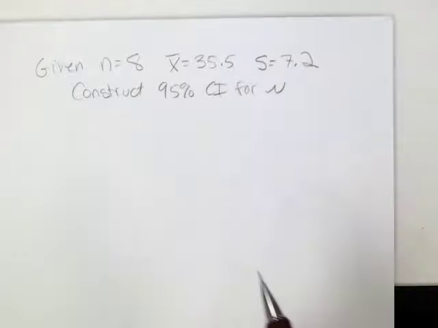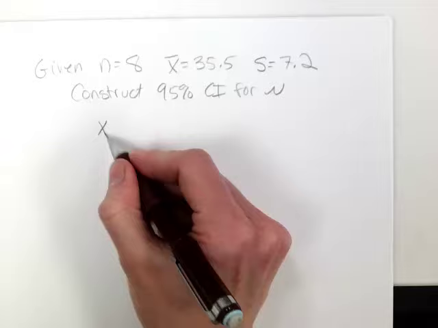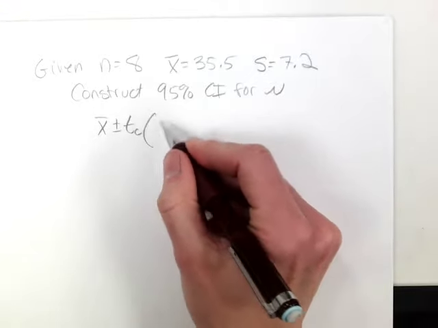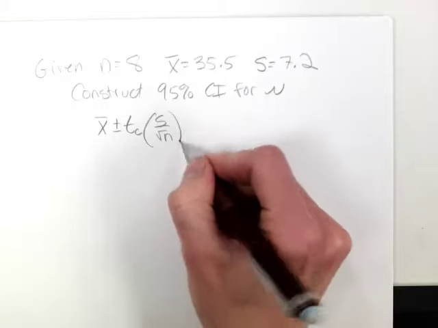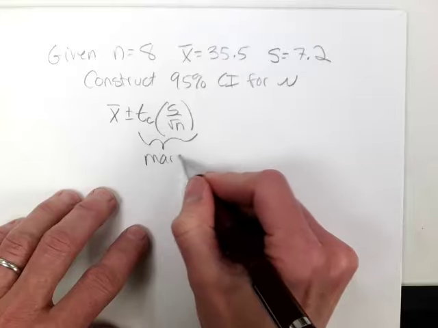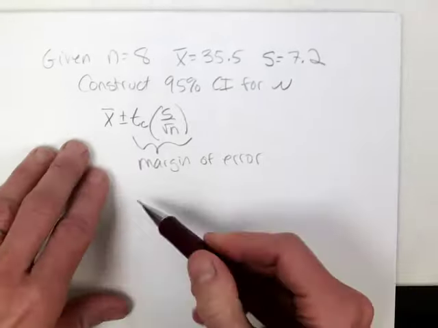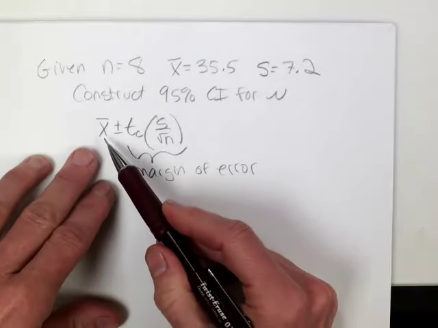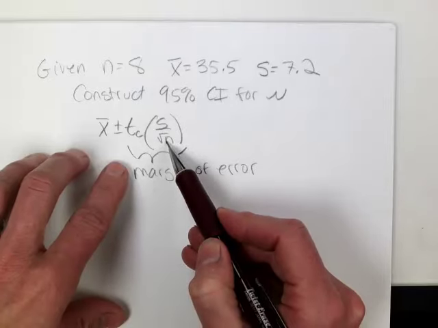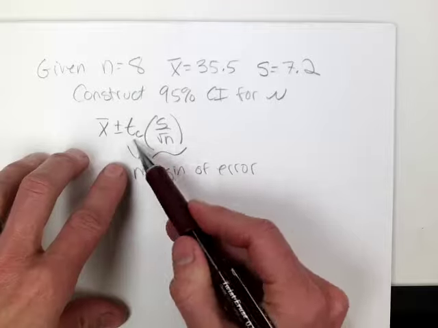Okay, so the confidence interval formula is x bar plus or minus t sub c times s over the square root of n, where this portion here is the margin of error. Okay, so what we're given in the problem is x bar, the sample standard deviation, and the sample size. So all we need to do is to find this t sub c.